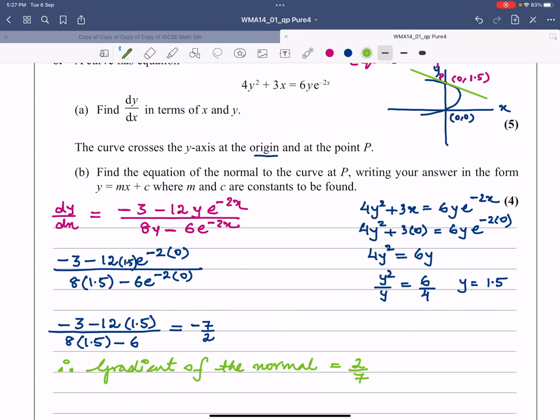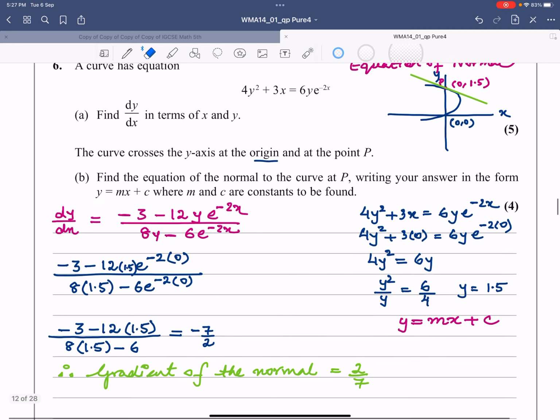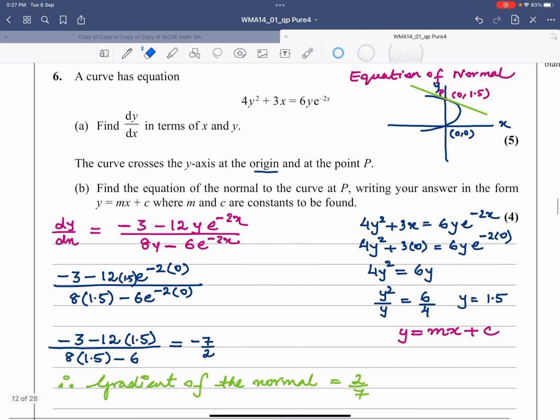We know that the general form of the equation of a line is y is equal to mx plus c. Because this tangent is already passing through the point P, let's draw the tangent for clarity here. So the tangent is already drawn. Let's draw the normal.